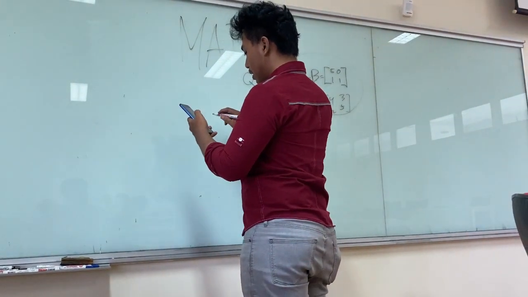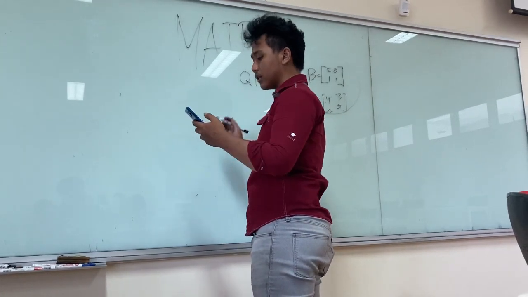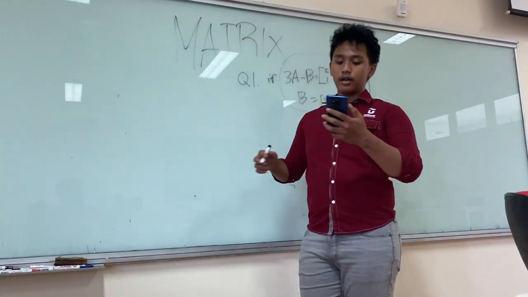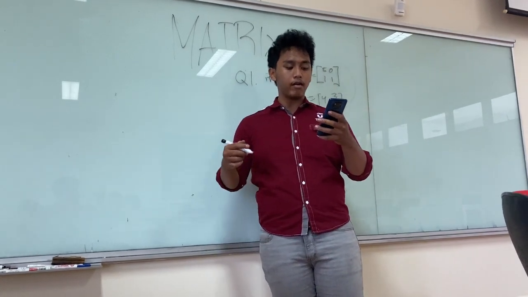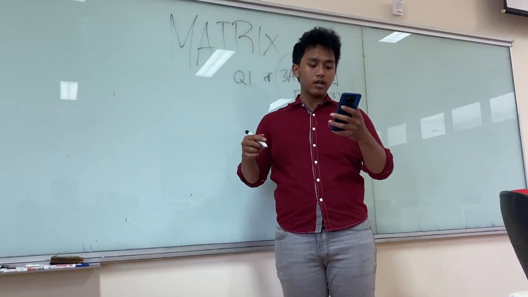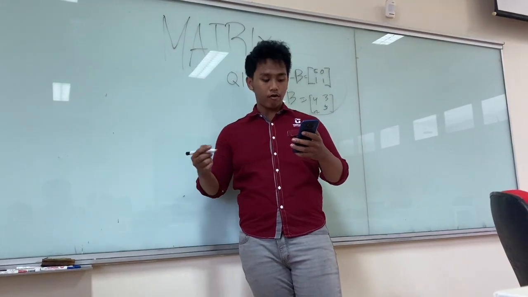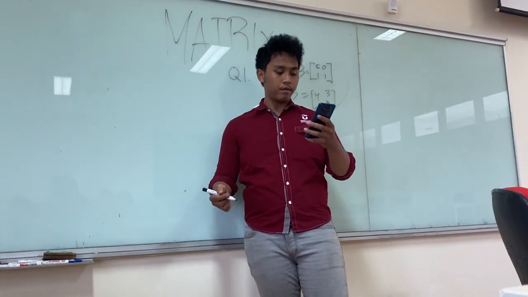So, a diagonal matrix is a square matrix in which all the elements outside of the main diagonal are zero. The main diagonal of a matrix is the diagonal that runs from the top left corner to the bottom right corner.